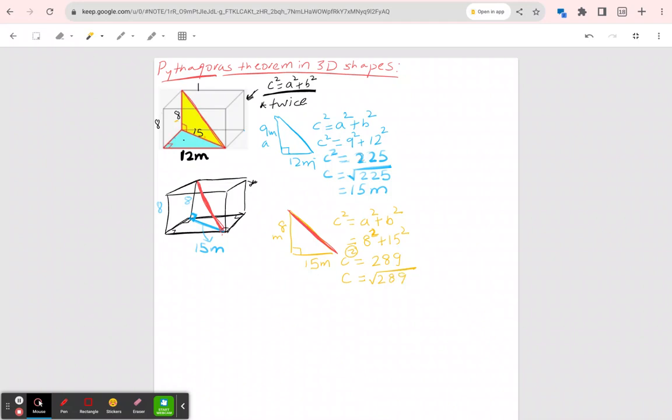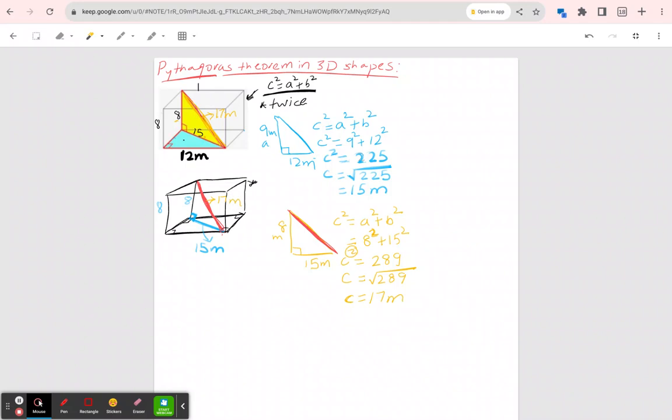All right, so square rooting 289 simply gives us 17 meters. So c comes out to be 17 meters. All right, that's the length of this red side. That is the length of the longest rod which we can fit in. So this one here comes out to be 17 meters.